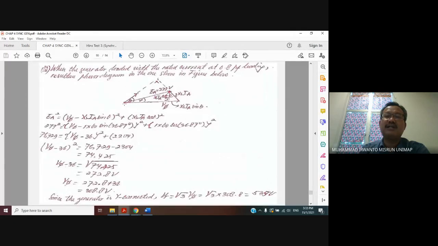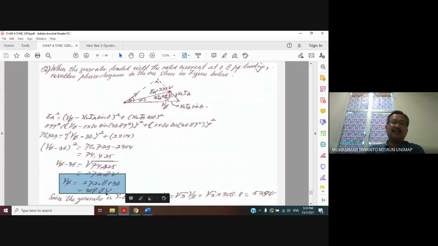So for the triangle here, EA squared is equal to (phase voltage minus XS IA sin theta) squared plus this line, (XS IA cos theta) squared. After substituting the values of EA, XS IA and theta, you can find the phase voltage.